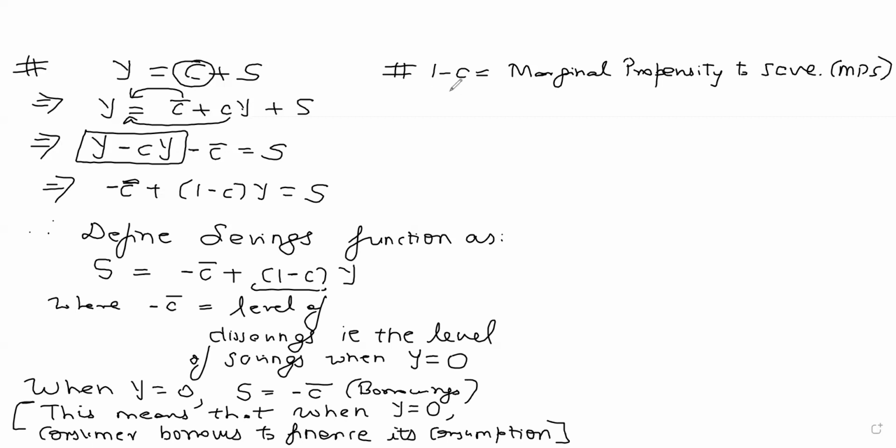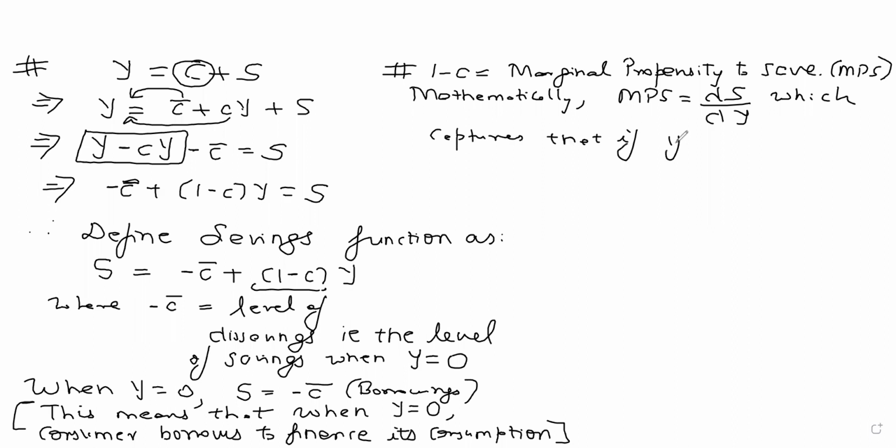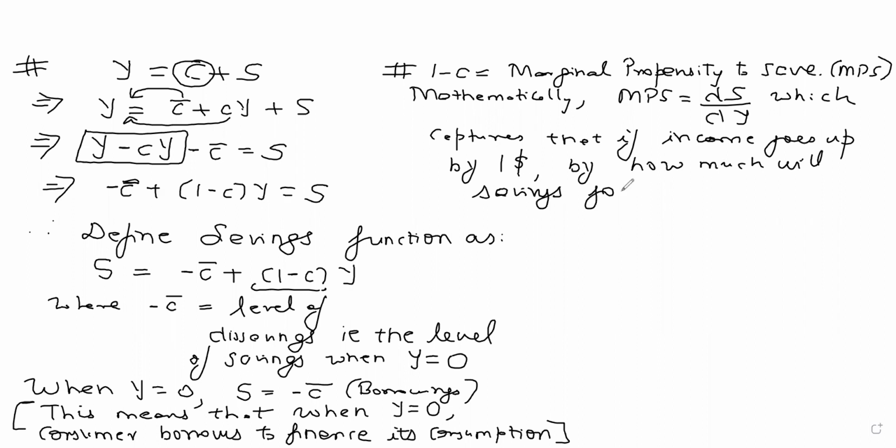So I can say that mathematically, MPS is nothing but the derivative of your savings function with respect to income, which captures that if your income, let me write income only, if the income goes up by $1, by how much will the savings go up?